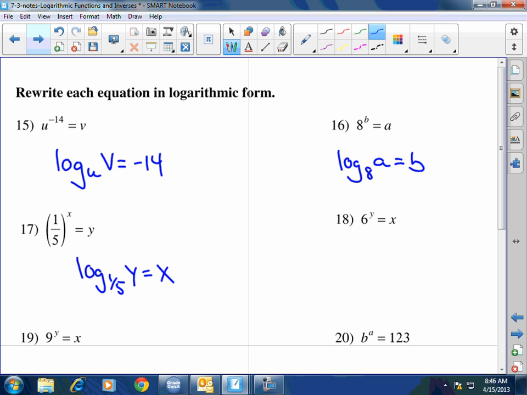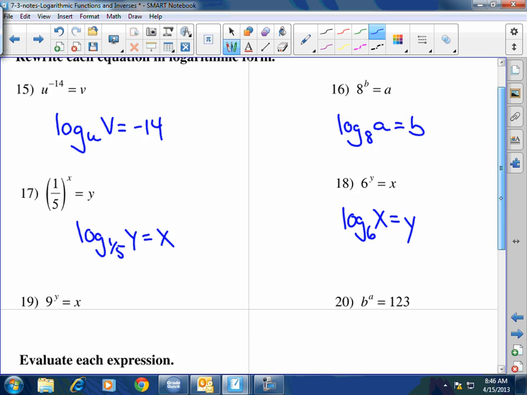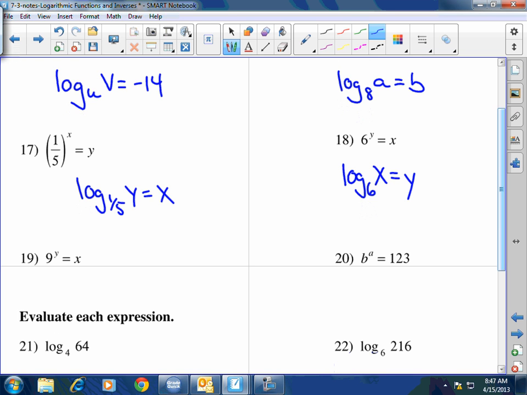Next, log base 6 of answer equals exponent y. Are you with me, guys, here, or am I going too fast? Okay, next, 19. Log base 9 of answer equals exponent y. Next, 20. Log base b of answer equals exponent a.